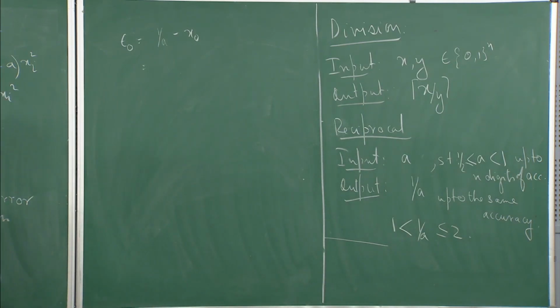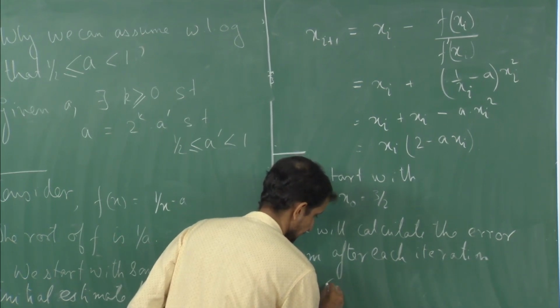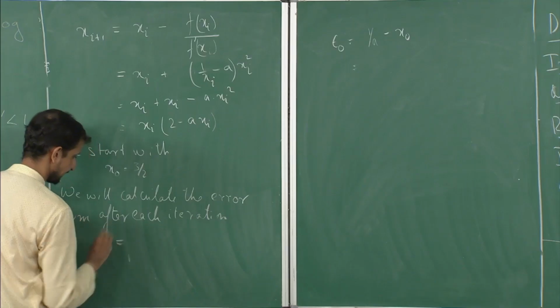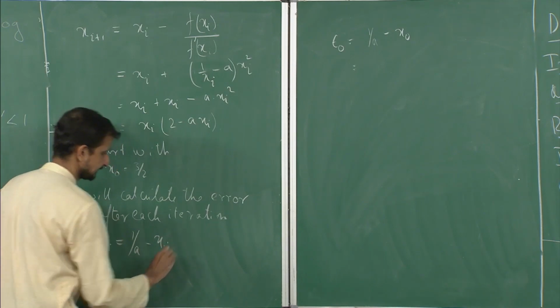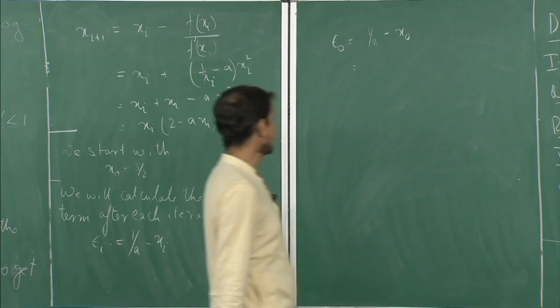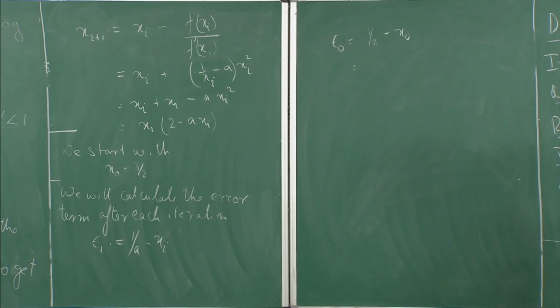So let me just write this. The error term, let's say after the ith step, ei is defined as 1 over a minus xi. This is the error term for us. So initially this is 1 over a minus x0.